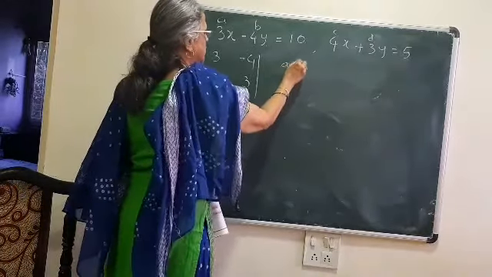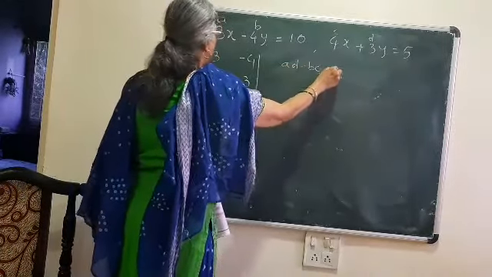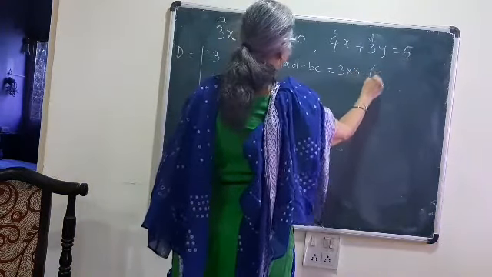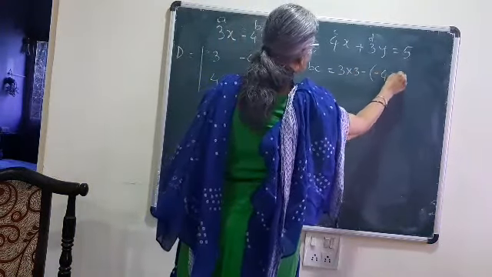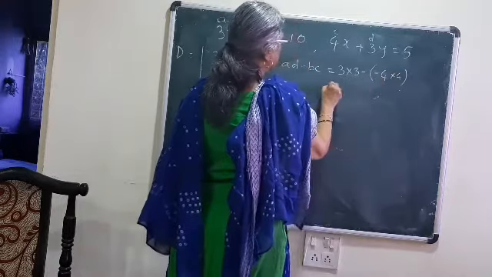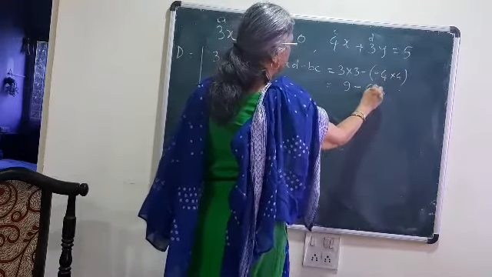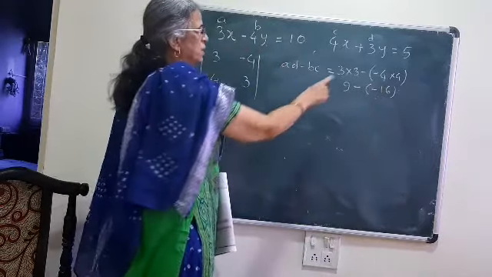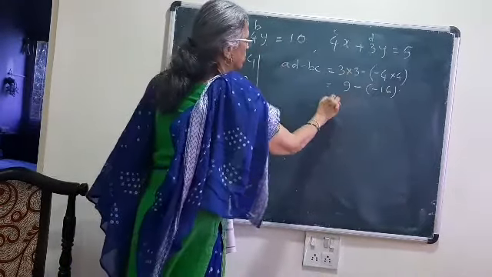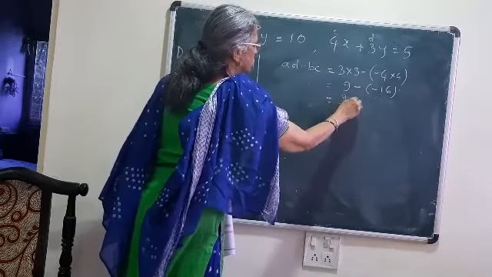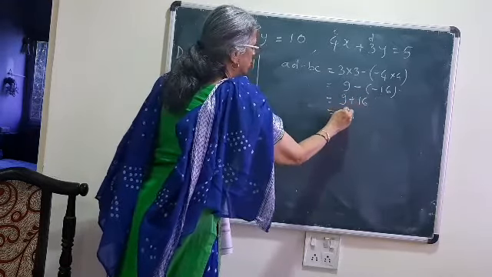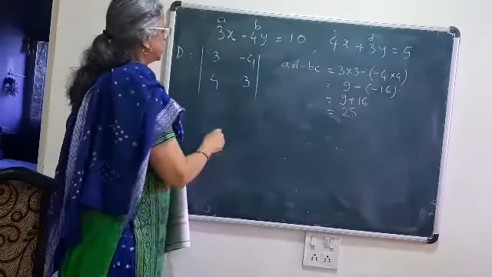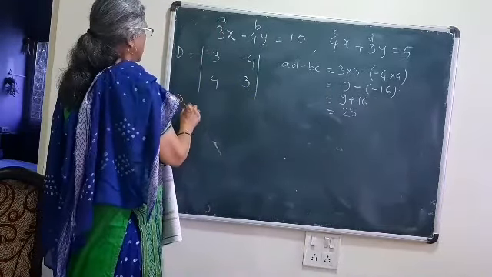So AD minus BC will give you 3 into 3 minus, BC means minus 4 into 4. So 3 3s are 9 minus, here it is minus 16. A positive number multiplied by a negative number is always negative. So this 9 minus minus will become plus. So it will be 25. Followed?